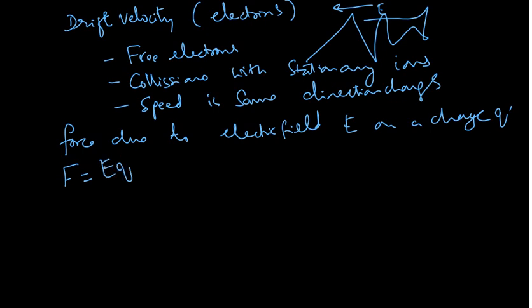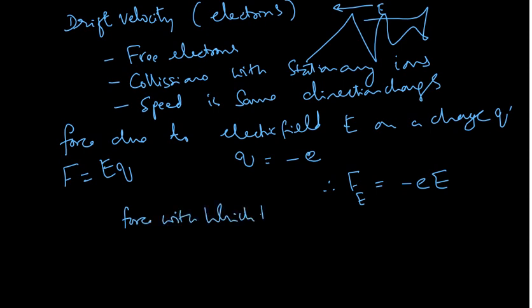In this case it is an electron, so the charge of the electron is minus e. Therefore the force due to this electric field is minus eE. Understood, right? This is the force created by the electric field already there, but the electron also is moving with some velocity.